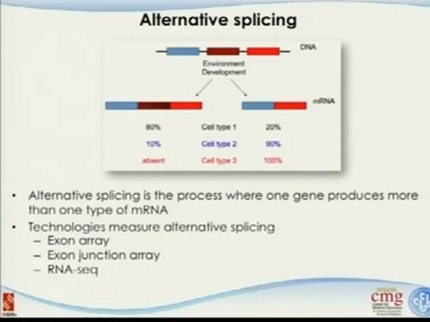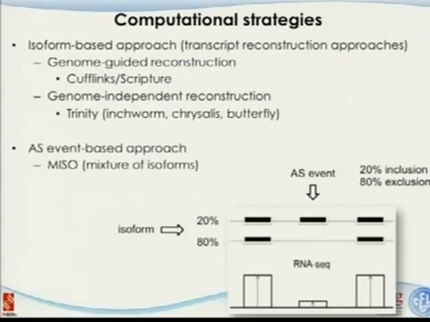Alternative splicing. This slide just tells you what alternative splicing is. I don't want to talk about that again. The point here is that for the computational strategy, there's an isoform-based approach and the alternative splicing event-based approach. For the isoform-based approach, you look for different isoforms.